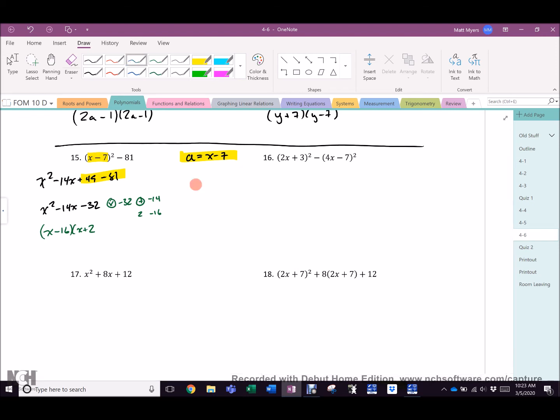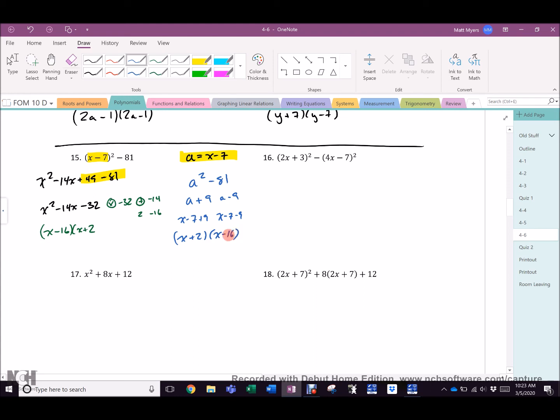A squared minus 81. Now, isn't that a plus 9, a minus 9? And isn't a x minus 7? X minus 7 plus 9, x minus 7 minus 9. X plus 2, x minus 16.